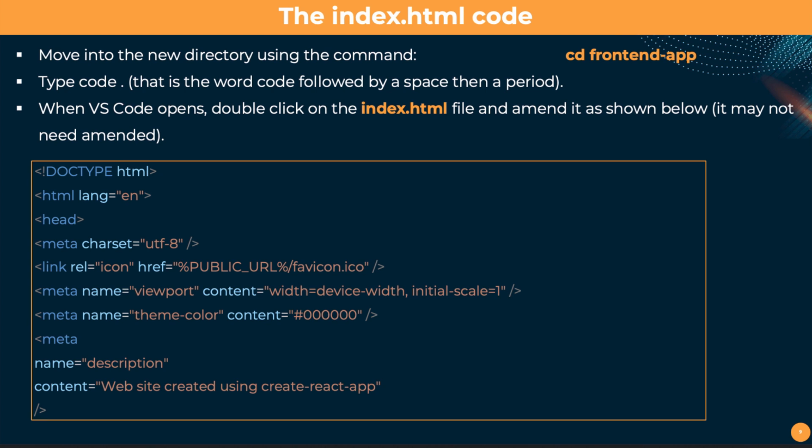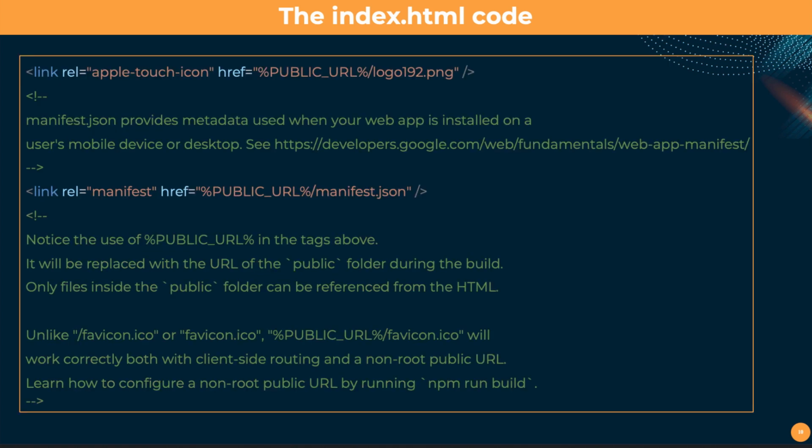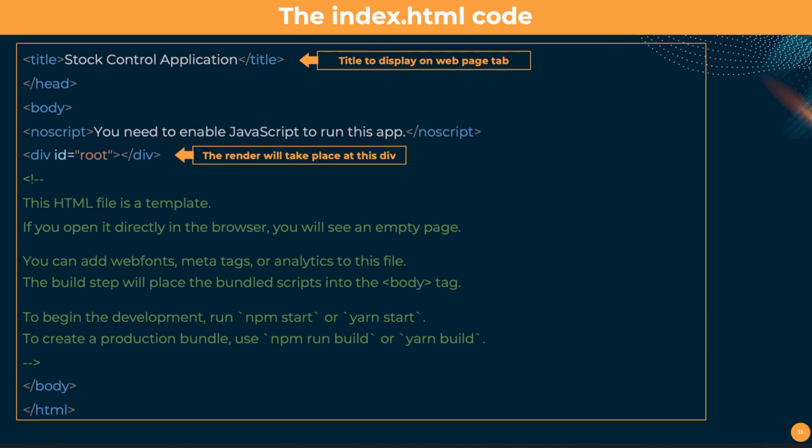So what we'll see is we'll have a header, we have a link to a href, and then we'll have a link again, and it's to a ping, which is the logo we saw. And more importantly, we'll see something in here called div id equals root, and it's at this div that all our components will be displayed.